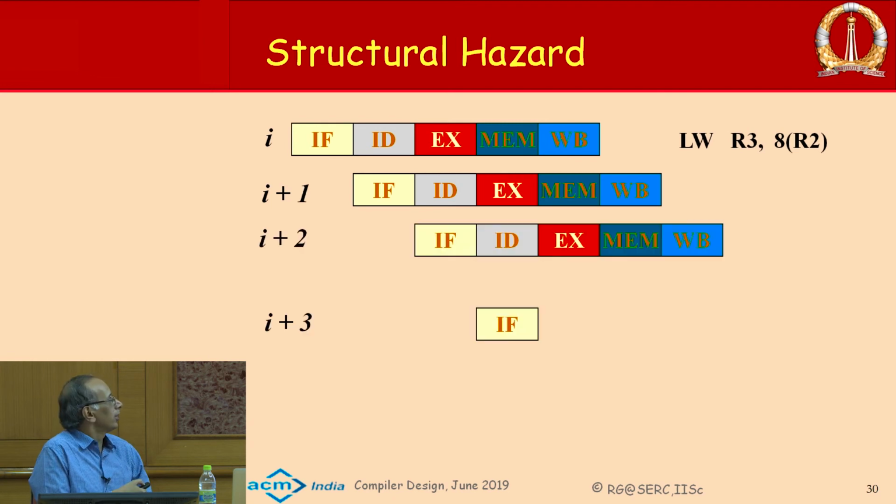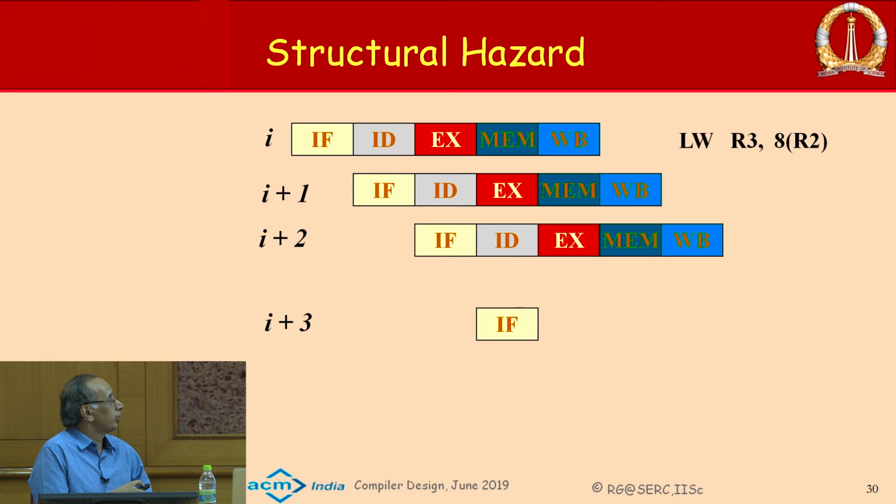So, I have instruction I plus 1, I plus 2, and when instruction I plus 3 has to be fetched, it has to be fetched from the memory. At the same time my ith instruction, which is a load instruction, is also trying to fetch something from the memory.